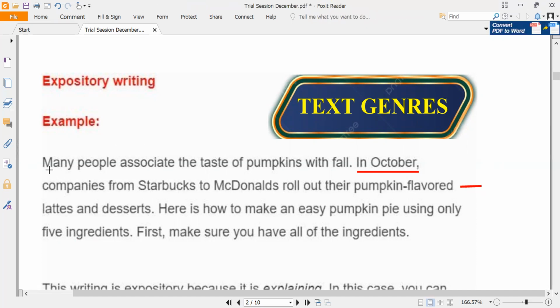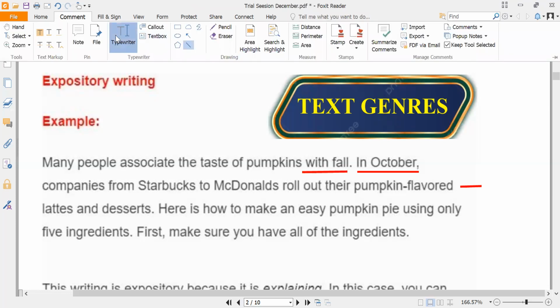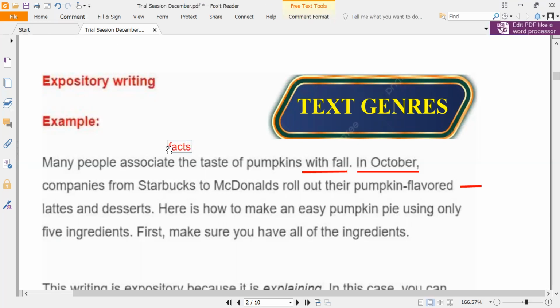The first line as well mentioned many people associate the taste of pumpkins with fall, which is the autumn season, okay? So from the first line, he gave me what? Facts. This is information. There is no reason.